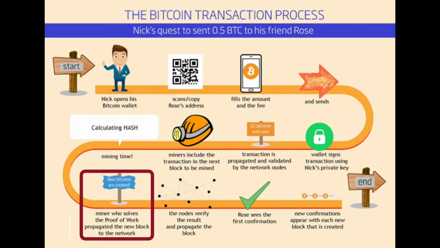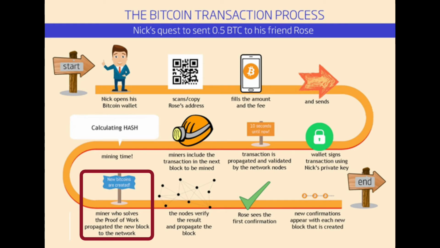And so that miner who solves that puzzle is now rewarded through both the transaction fees that were attached to the transaction, as well as what's called the block subsidy. And the block subsidy is essentially the new issuance of Bitcoin, which is built directly into the protocol. That new issuance is cut in half every 4 years. And so currently the block subsidy is 6.25 Bitcoin per block.